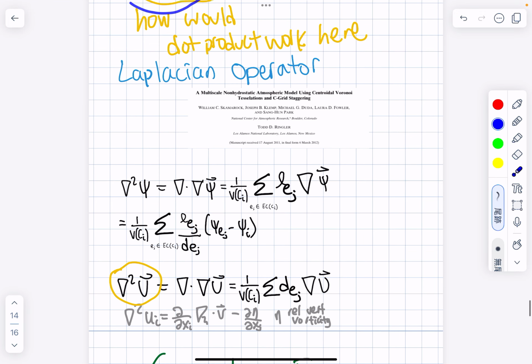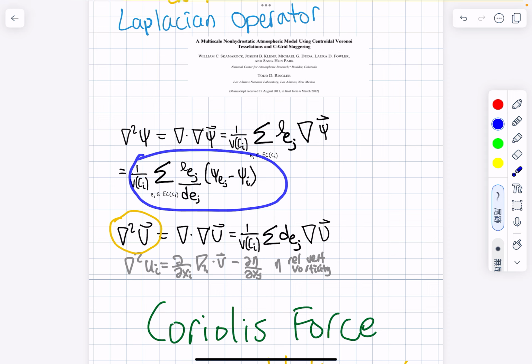Laplacian, I do know for a scalar we have the answer, and it's this, which ends up looking like this. So it's the length of an edge times the distance across the edge times the difference of the scalar value at the edge minus the scalar value at the cell center.